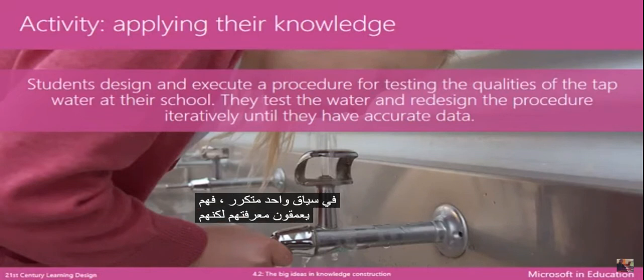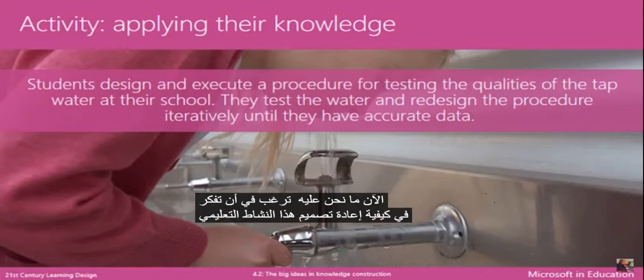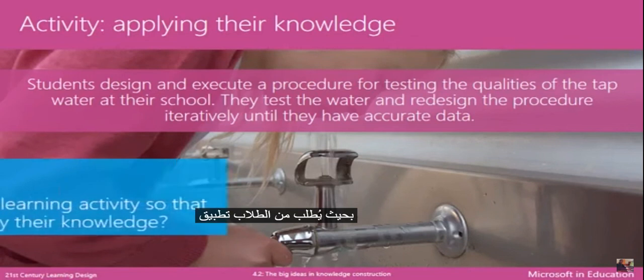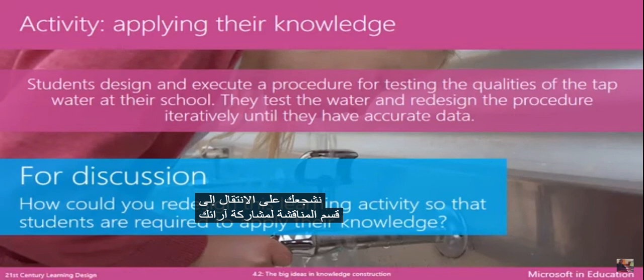They are deepening their knowledge, but they're not extending it to a new type of application. Now, what we would like you to consider is how you could redesign this learning activity so that students are required to apply their knowledge. We would encourage you to go to the discussion section to share your views and ideas about this task redesign with others.